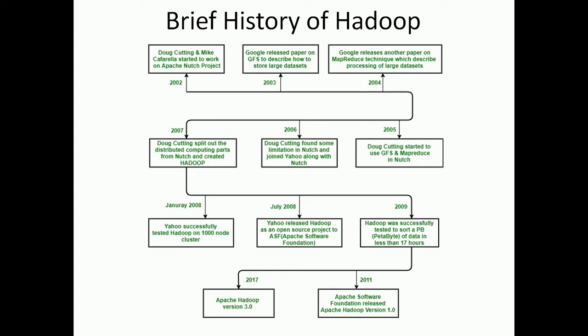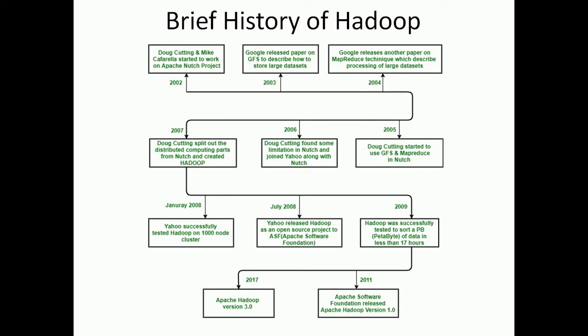In 2006, Doug Cutting moved to Yahoo, and Yahoo funded this project, and in 2007 Doug Cutting brought this out as Hadoop technology. In 2008 Yahoo successfully tested Hadoop on a 1000 node cluster. In 2008 Yahoo released Hadoop as an open source project to the Apache Software Foundation.